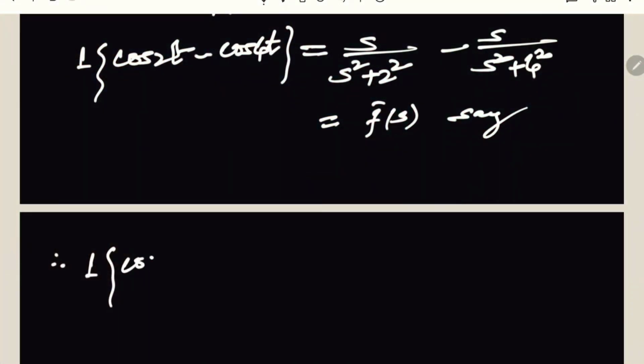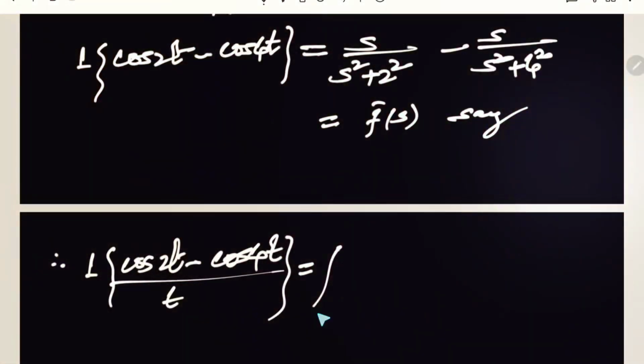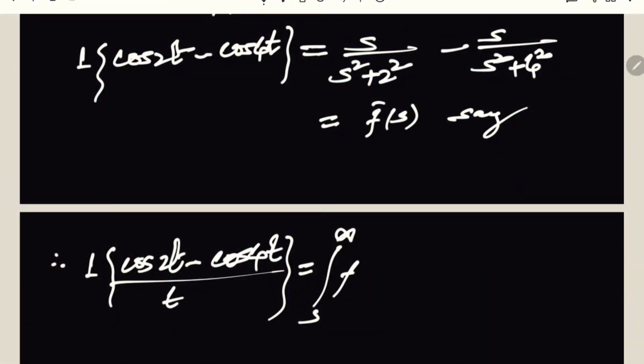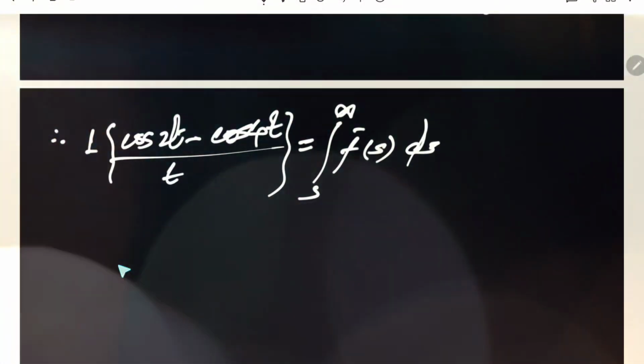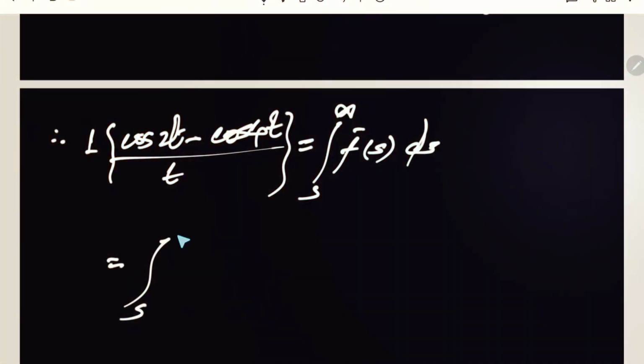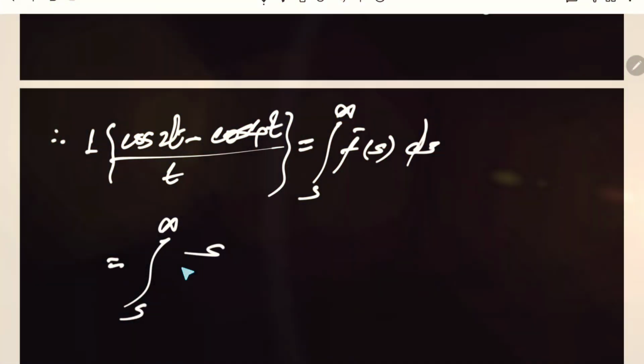Then by that theorem, Laplace transform of cos 2t minus cos 4t and whole divided by t is the integration from s to infinity of those two terms, s upon s square plus 2 square minus s upon s square plus 4 square, nothing but the value of f bar of s.